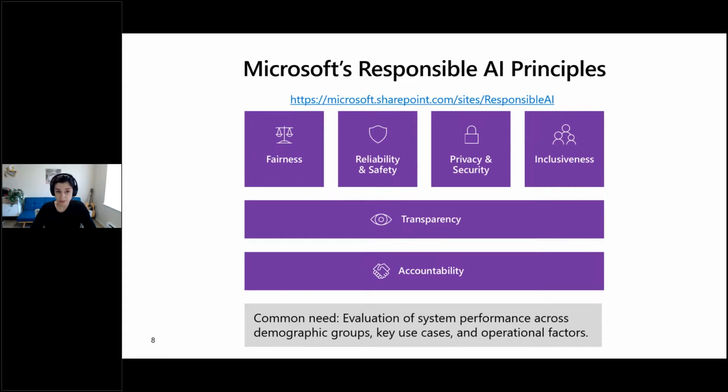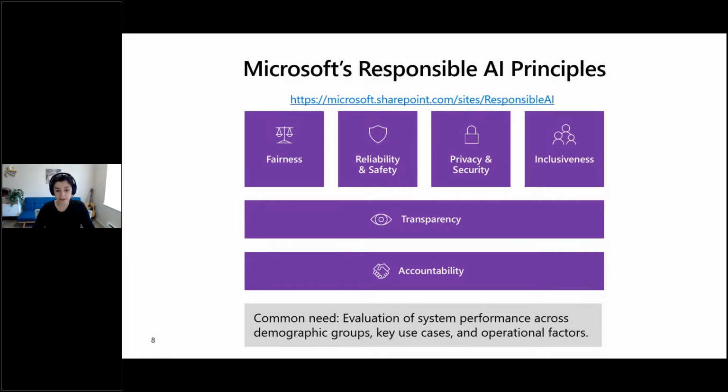Now, many of these principles may not be new to you. Many other companies have similar principles, maybe phrased in a slightly different way, but at the end of the day, all of them care about and highlight the importance of including many different stakeholders in the build-up of machine learning systems.